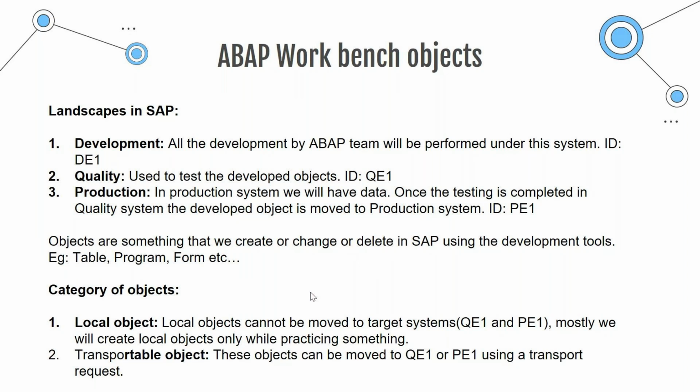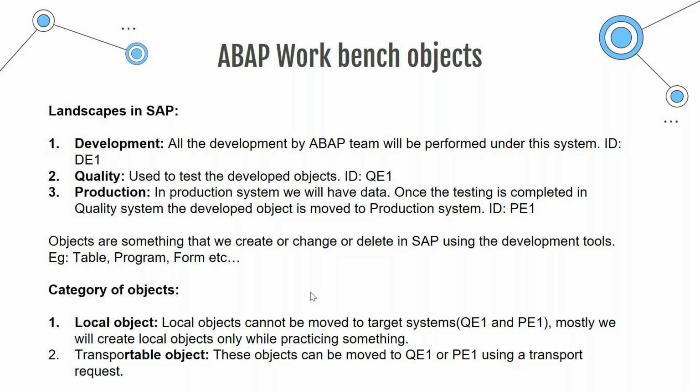So after quality we have the production system. Production system is a live system. It will have all the live data; all the business transactions that happen every single day will be stored in the production system. And production system is a very delicate, very important system. So you should not try to change any kind of data in production system.